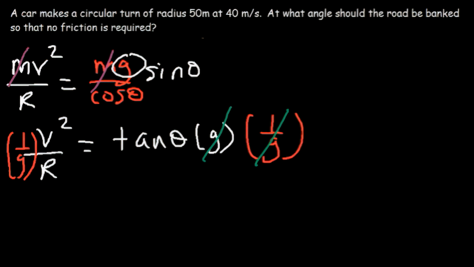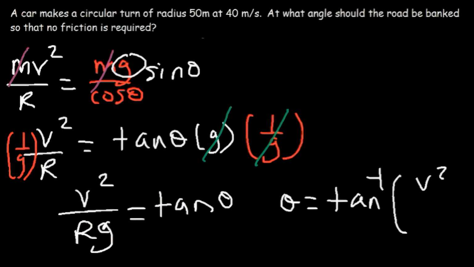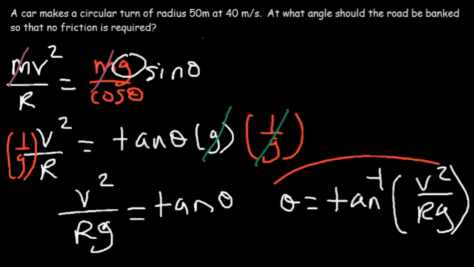So these two cancel. So v squared over rg is equal to tangent theta. So therefore, if we take the inverse tangent of both sides, theta is equal to the inverse tangent v squared over rg. This is the equation that you want to find the angle at which the road should be banked, so that no friction is required to make the turn.